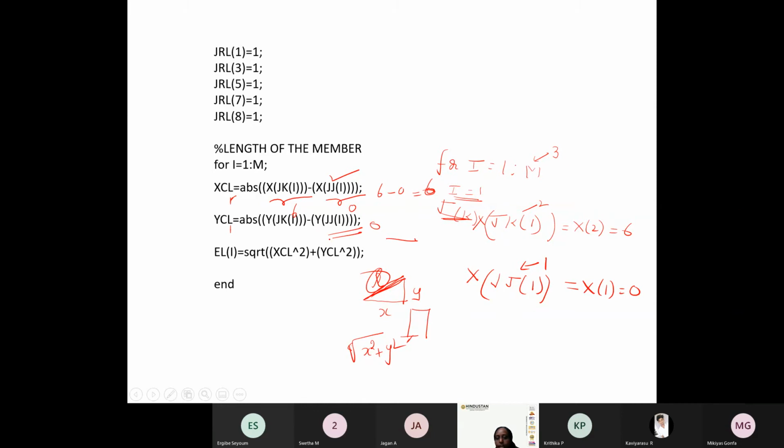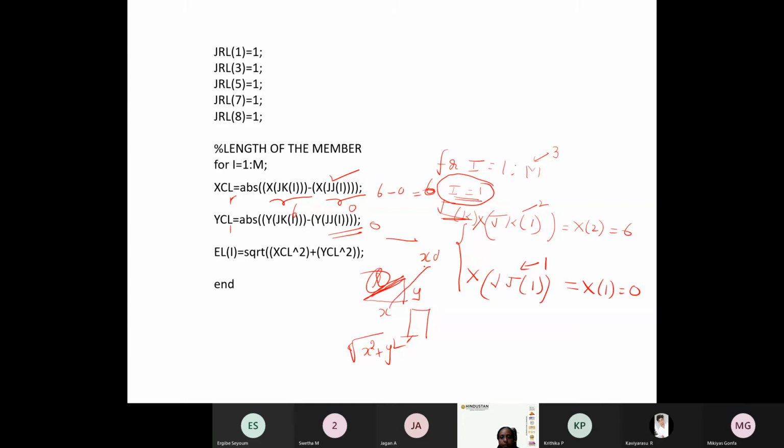If you want, we will check for one value. The first member we will finish up, then I can repeat it. So whatever I am doing is for I is equal to 1. This is the step for calculating the x value.